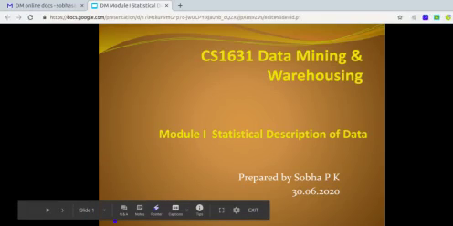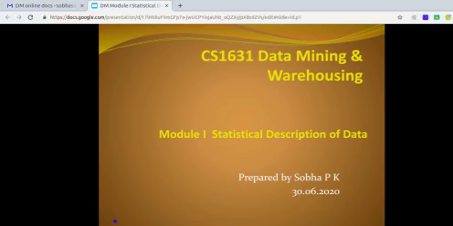We have had another session on data mining, and in this session we are going to study the statistical techniques that have been applied on data used in data mining applications. As we have seen, data mining applications always deal with large volume of data.